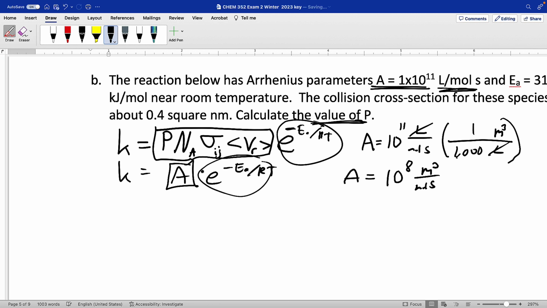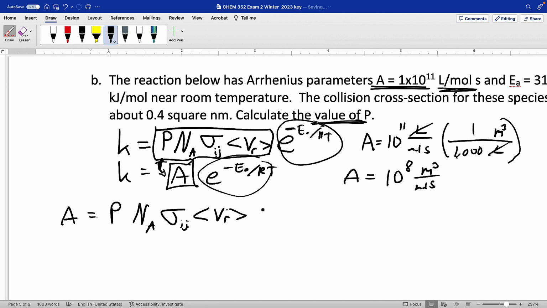And now let's go ahead and equate our expression for A to A. So we said A is equal to steric factor, Avogadro's number, collision cross section, and the relative speed.